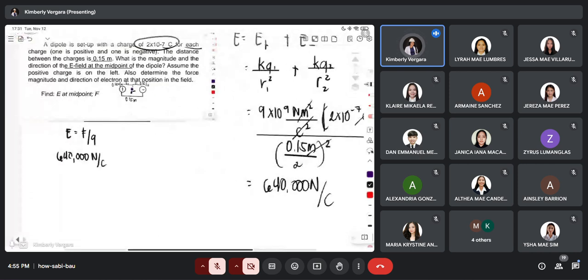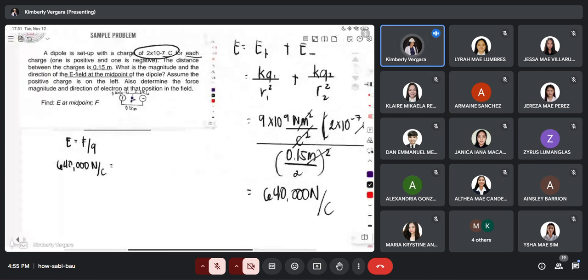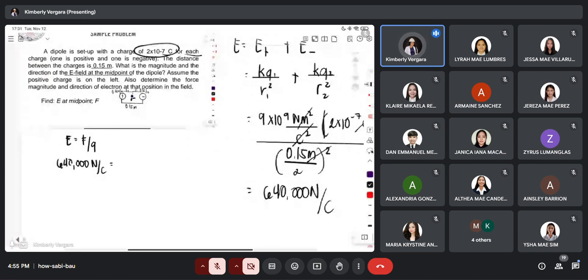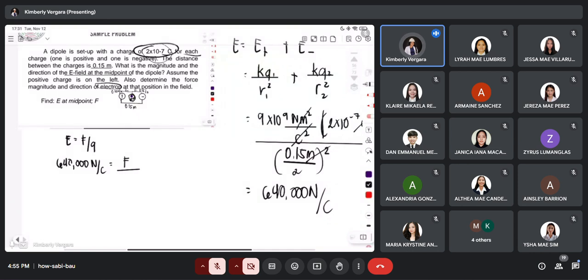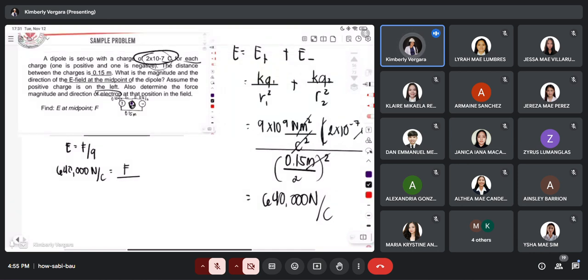And then F natin ay hahanapin. And then, ang Q natin, hindi natin pwede gamitin yung 2 times 10 raised to negative 7. Dahil may sinabi dito, yung electron natin na nandun sa gitna. Okay? So, ibig sabihin, meron tayong electric field at this point, and then may electron po tayo dyan.